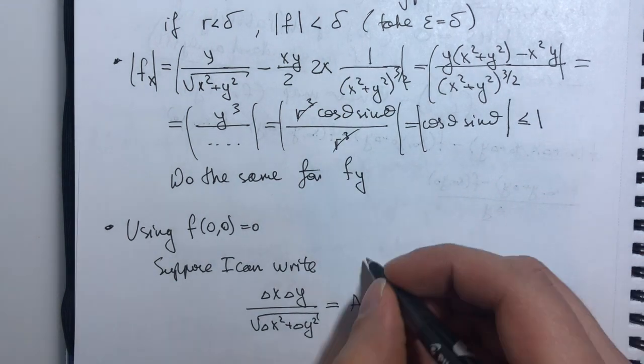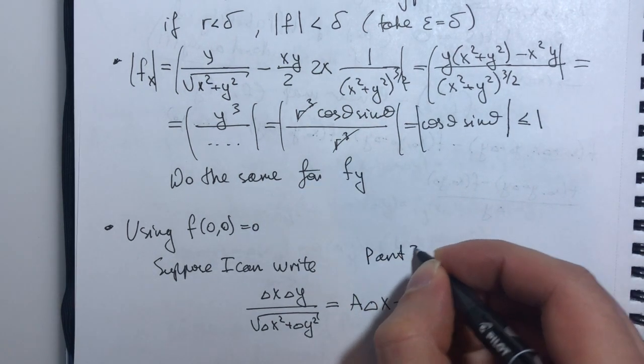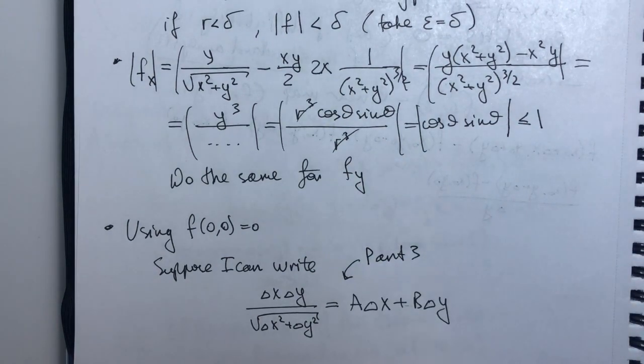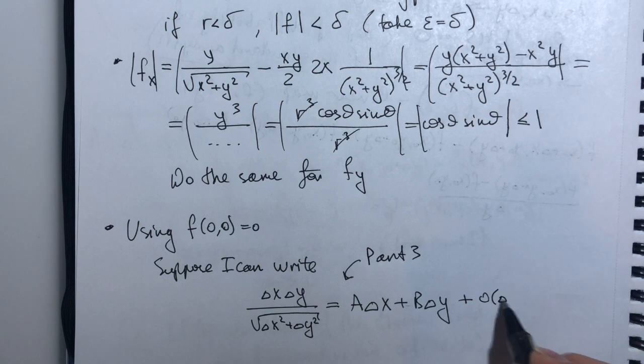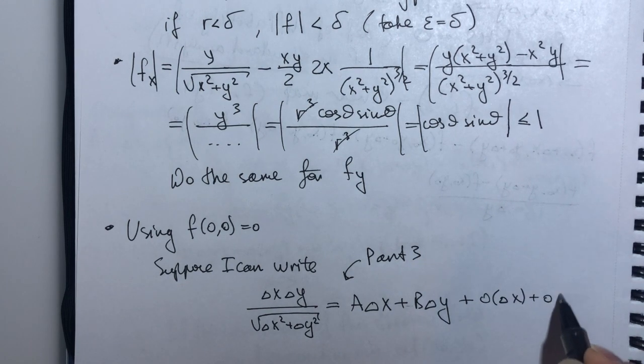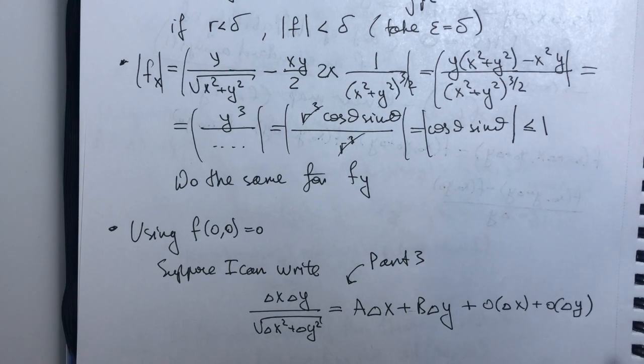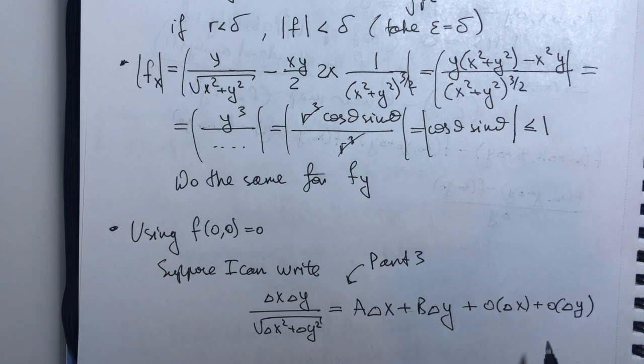So once again, look at part 3 if you're unsure why I'm doing this. And we should have functions o(delta x) plus o(delta y), which, by the way, can be replaced by little o that depends on the distance. So it depends on delta x squared plus delta y squared.